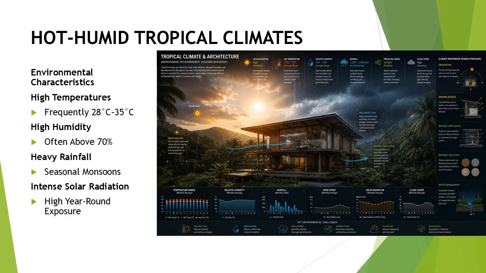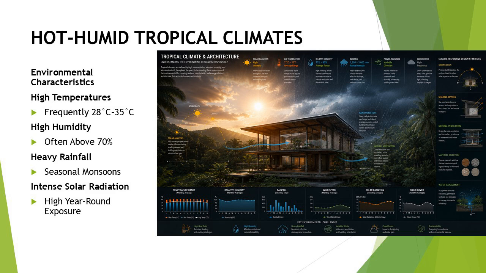Before designing buildings, architects must understand the climate they are responding to. Hot, humid, tropical climates are characterized by high temperatures, high humidity, frequent rainfall, and strong solar exposure. Unlike temperate climates, the primary challenge is usually not retaining heat.